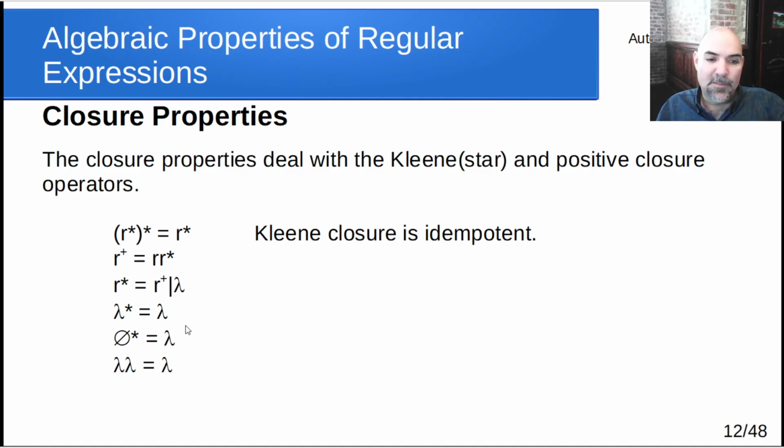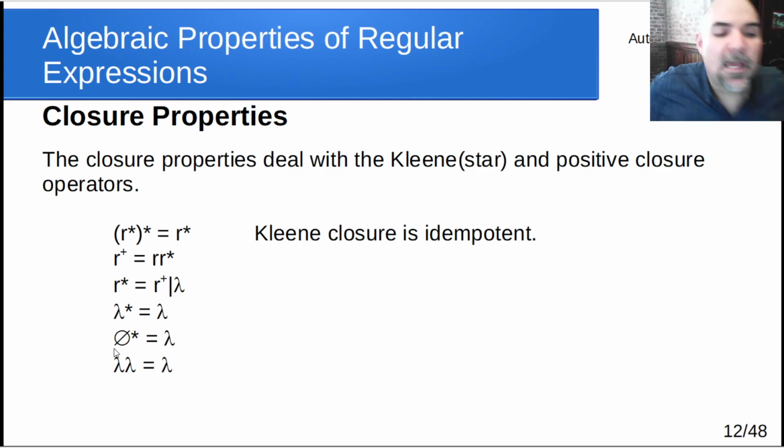Lambda star is the same as just lambda. In other words, the empty string zero or more times is always the empty string. And that kind of goes with this bottom one, lambda equals lambda. And then this one's probably the second to last one there, empty set star is equal to lambda. That's probably one that might be a little bit counterintuitive.